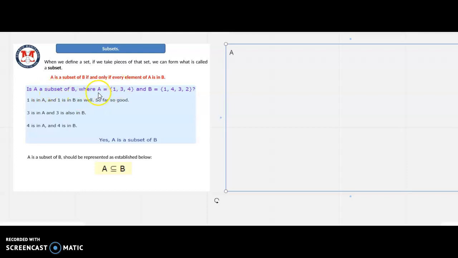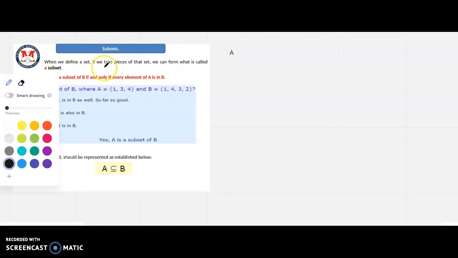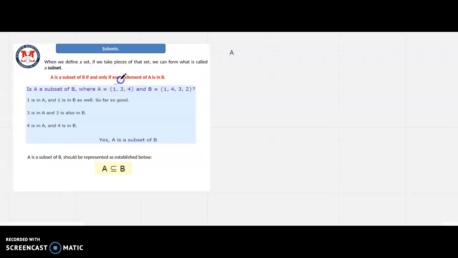So we are going to look at the elements of A, and we see that 1 is a part of A, and 1 is also a part of B. Okay, so this element belongs to both sets.